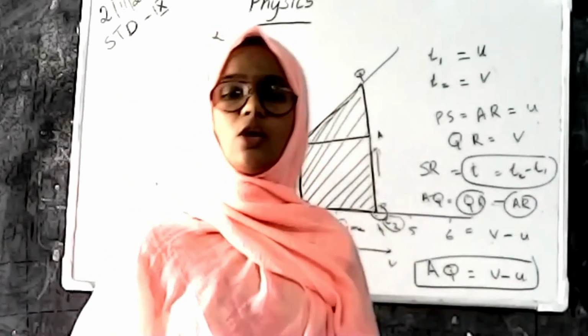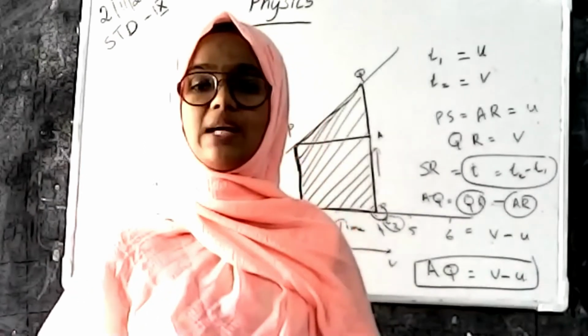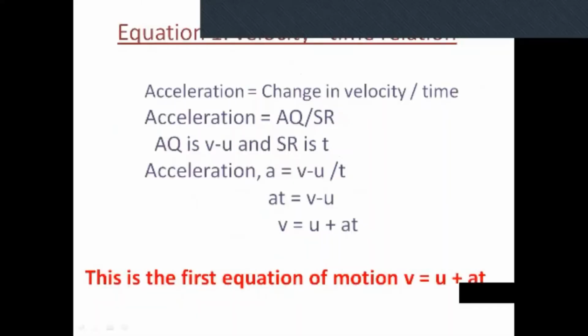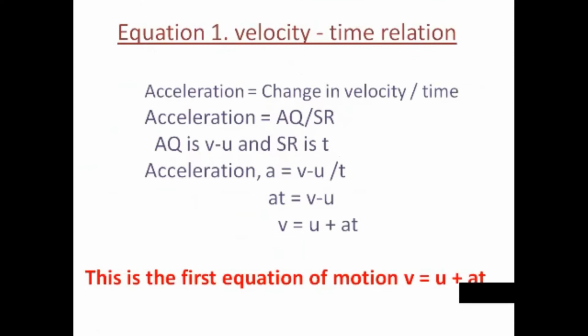Next, we derive the first equation of motion. Equation 1, the velocity time relation. For understanding the first equation, acceleration is equal to change in velocity by time.